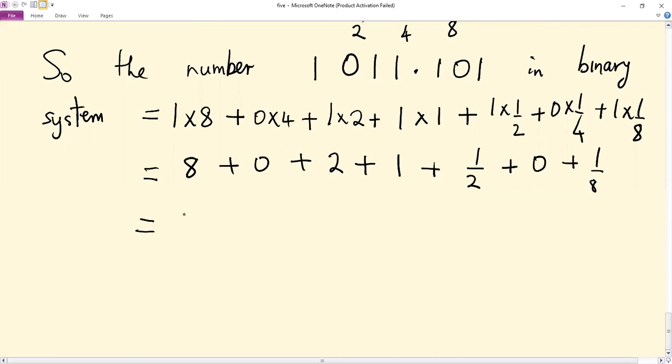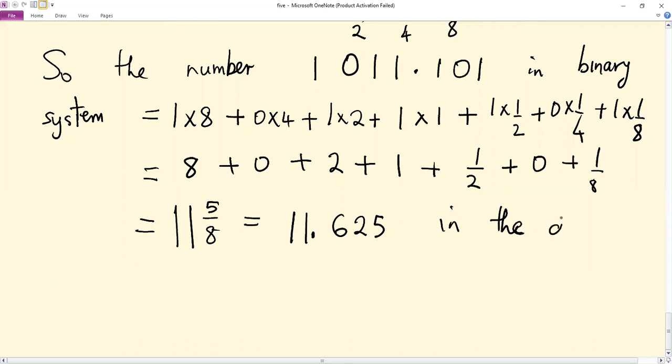And when you add this, you get 11 and 5/8, which is the same thing as 11.625 in the denary system, or in the normal number system.